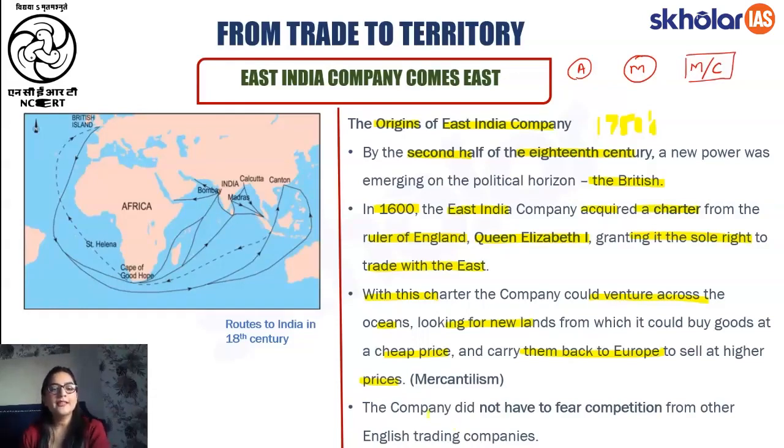Apart from this, the company, that is the East India Company, did not have to fear competition from other English trading companies. As I have already told you, due to this particular charter given by Queen Elizabeth to the East India Company, no other English trading company could trade with India apart from the East India Company.